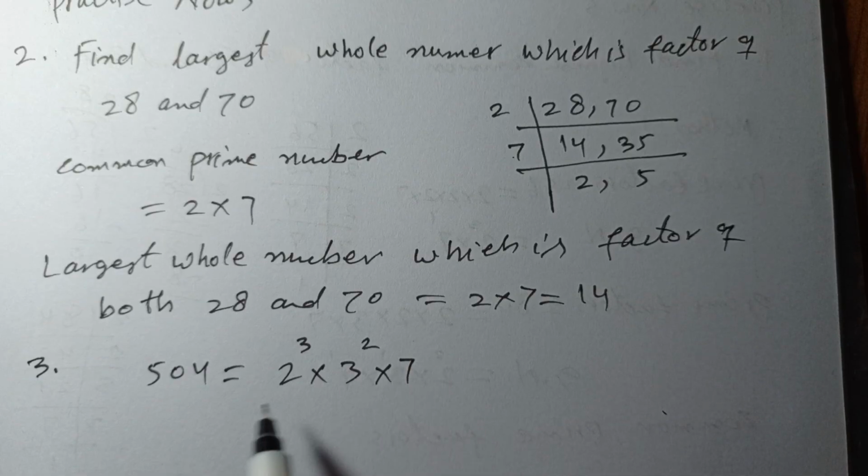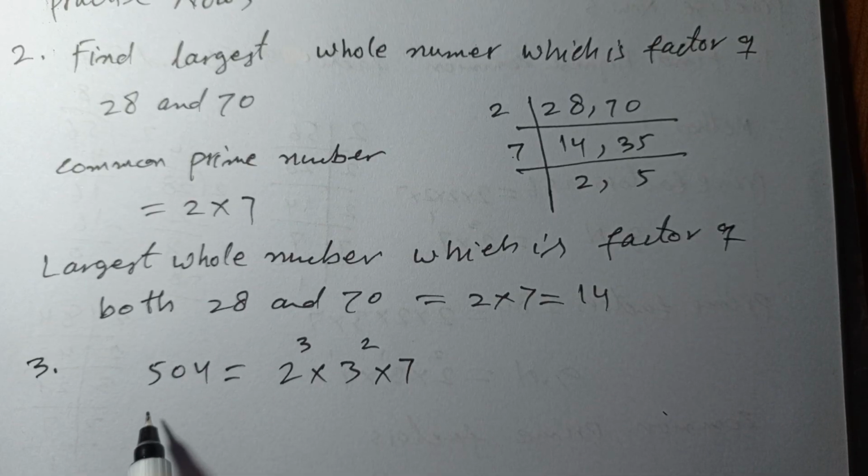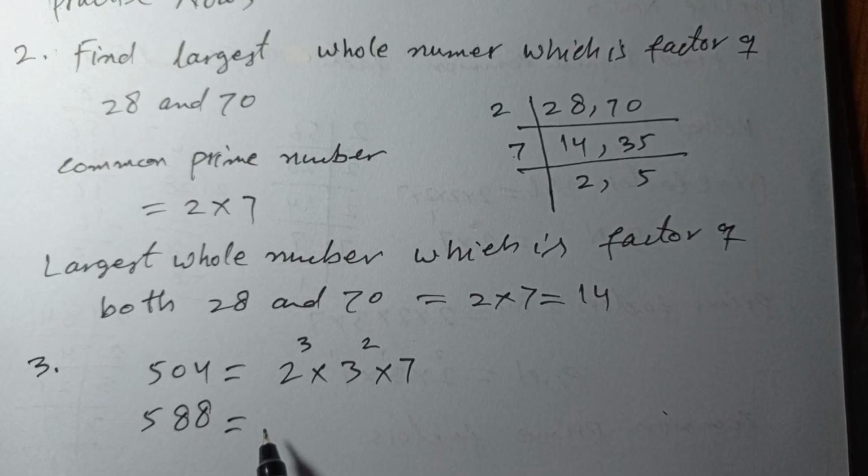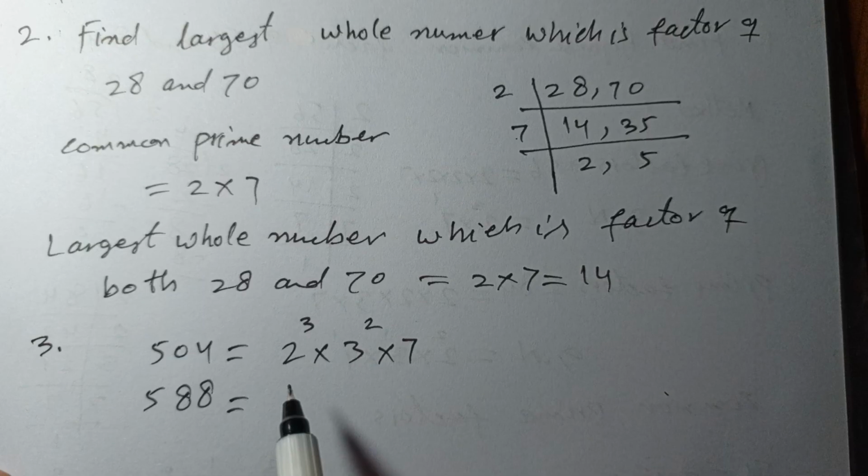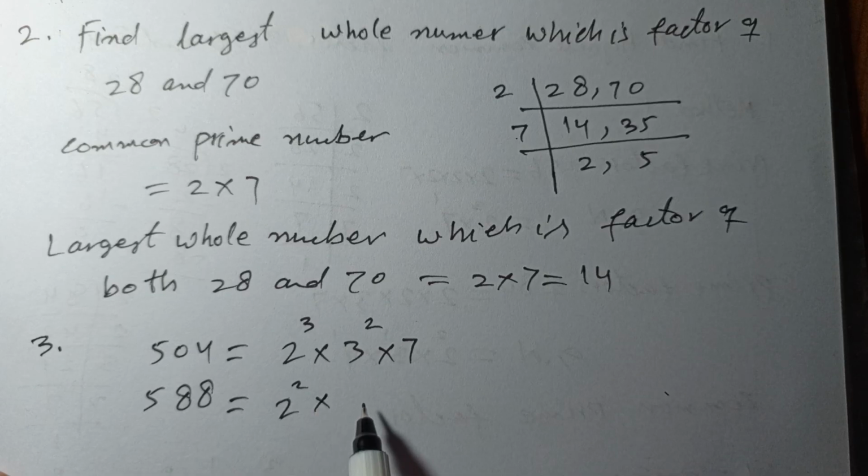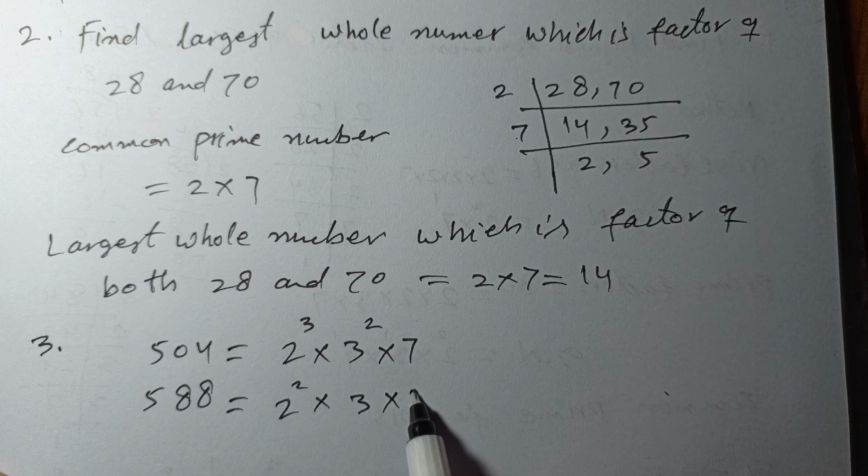You can write 7 as such, and then the other number is 588. Its prime factors in the form of index notation are given: 2 raised to power 2, 3 raised to power 1, and 7 raised to power 2.